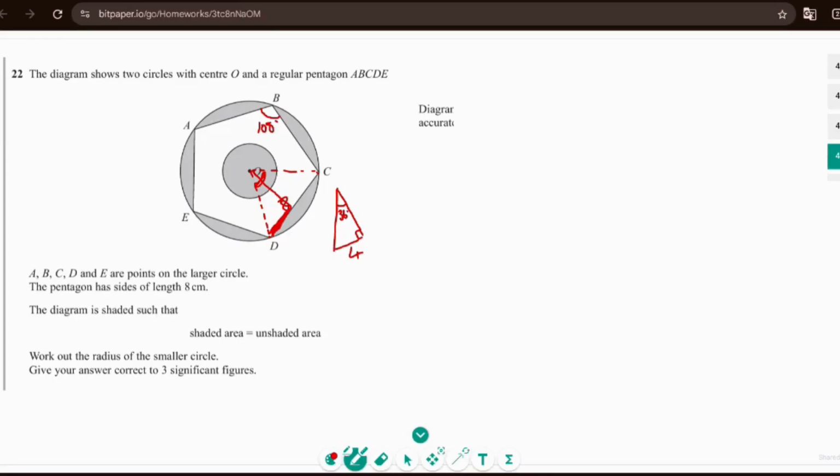Just draw that a bit bigger. This x is our unknown here. The radius is the hypotenuse, and 4 is opposite. So sine of an angle is equal to opposite over hypotenuse. Let's make h the subject by multiplying both sides by h and dividing both sides by sine 36.